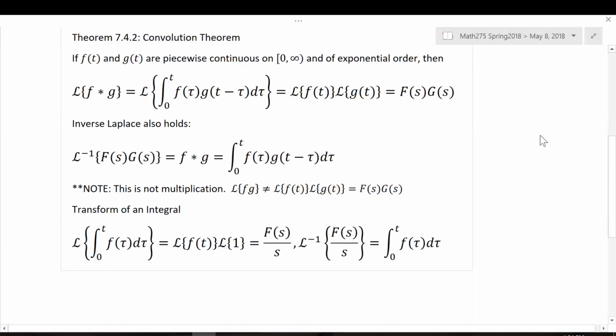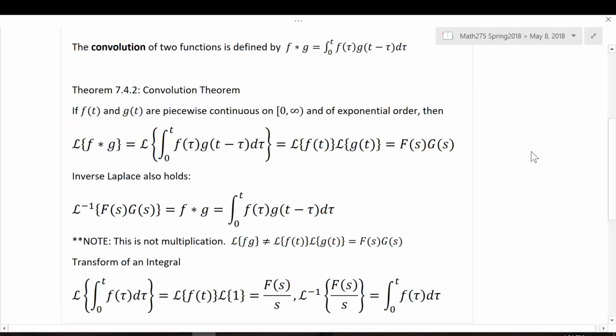So the convolution is a way to get our solution if we have some information about your results in the Laplace world, and it looks like a product of two Laplace transforms. You can bring it back by identifying those functions and then putting it through this integral.